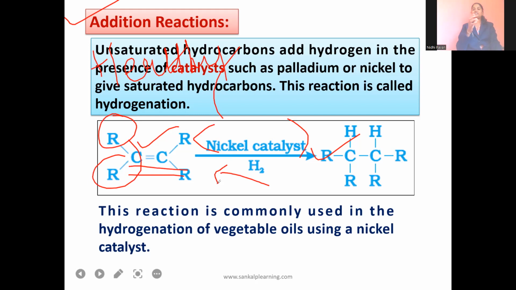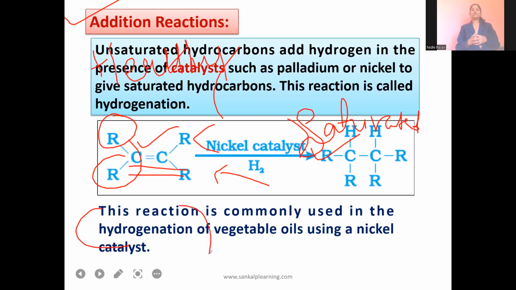When the hydrogen is added, the unsaturated hydrocarbon is converted into saturated. Here you can see the single bond between the carbon atoms, right? They become saturated. This reaction is used for vegetable oils using nickel catalyst. As the hydrogen is added to it, that process is called hydrogenation.